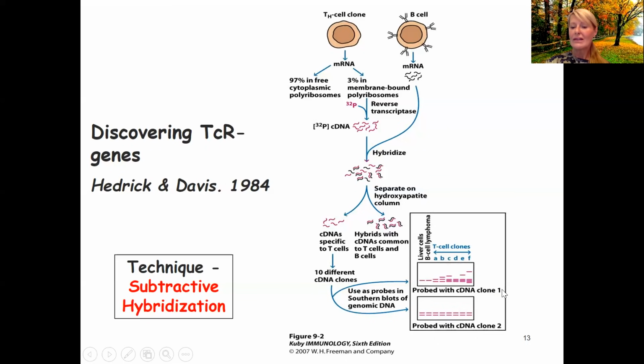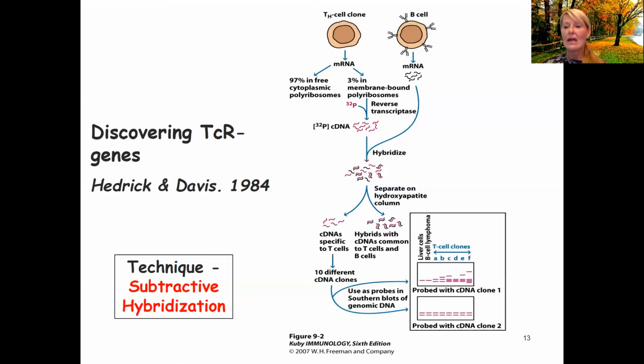And when they finally got to this cDNA probe here, so probe with cDNA clone 1, they saw the pattern they were looking for, which was that the controls were the same, but each of these T cell clones had a unique pattern that must be associated with a unique T cell receptor.